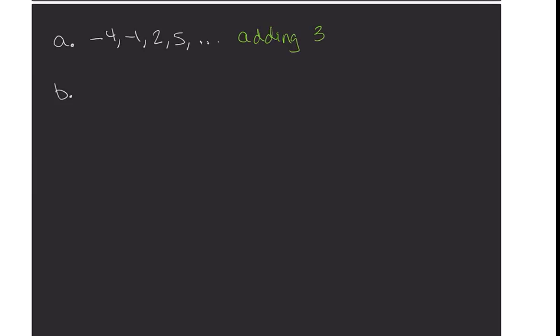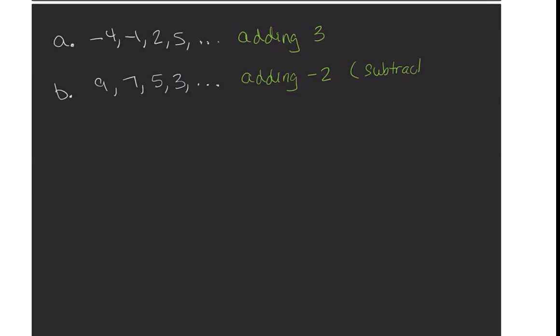Let's say we had 9, 7, 5, 3. And that sequence is going to keep continuing. You're going to subtract 2. So we're adding what? -2. Or we could say that we're subtracting 2.